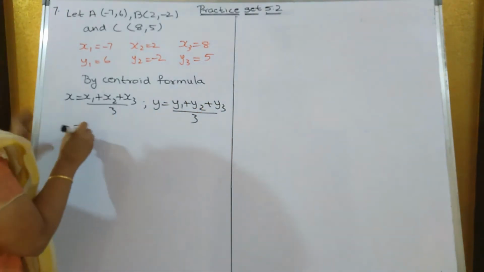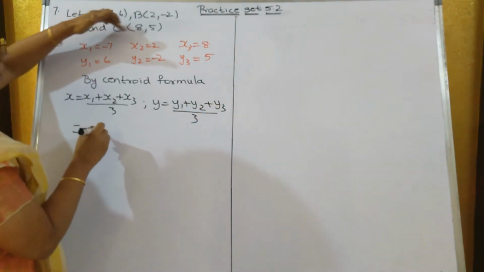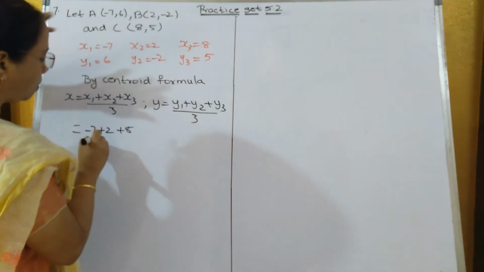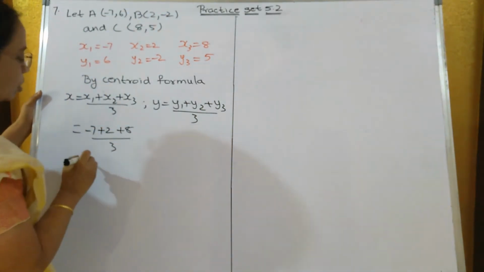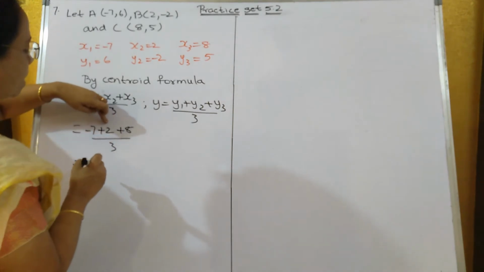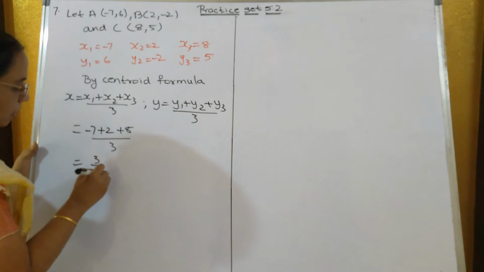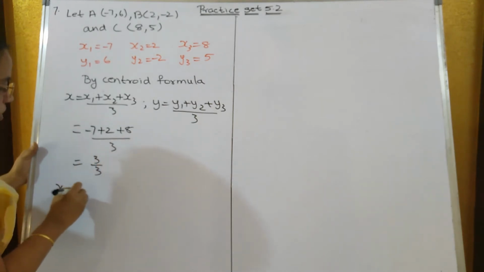Now here x1 is what? Minus 7 plus 2 plus 8 upon 3. Minus 7 plus 2 is how much? Minus 5. Minus 5 plus 8 is 3. 3 upon 3, so the value of x is 1.